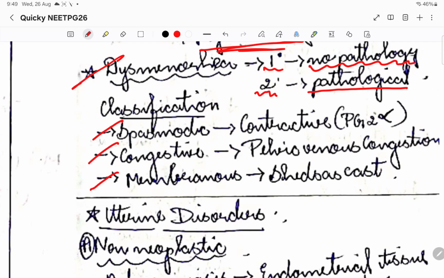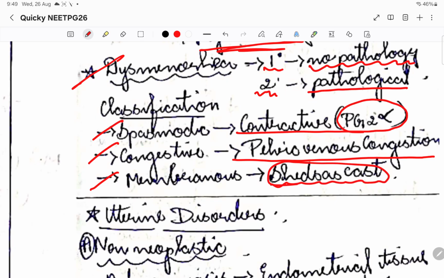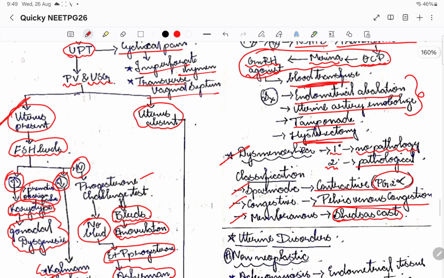Spasmodic is contractive because of PGF2 alpha. Congestive is because of pelvic venous congestion, and with respect to membranous, there is something known as Schroeder's casts. So this is the thing with respect to dysmenorrhea.